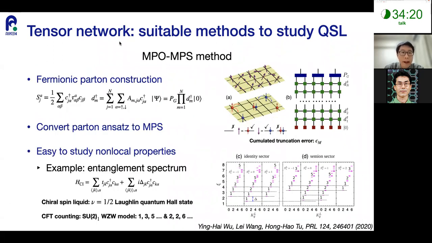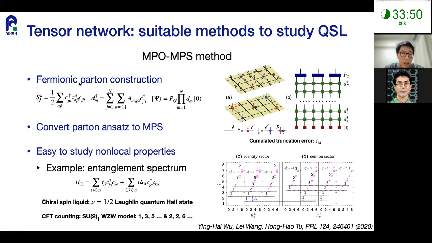And the other tensor network related method we used here is called the MPO-MPS method. I think that Huike has given a very nice introduction about this method in his talk yesterday. Here I just briefly remind you of it for self-consistency.